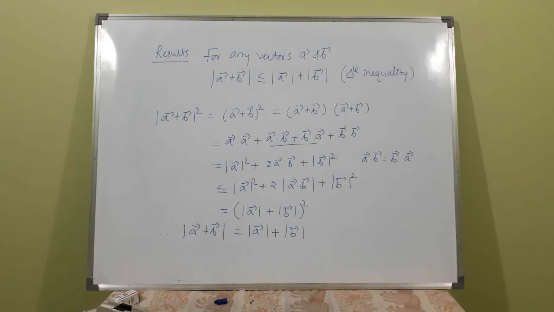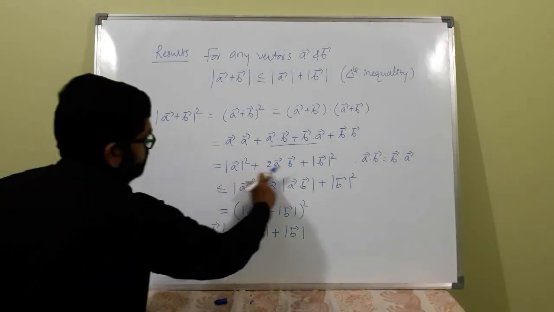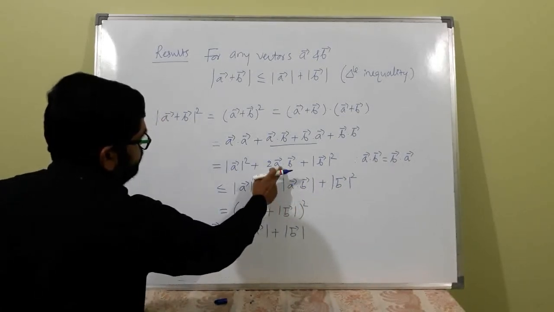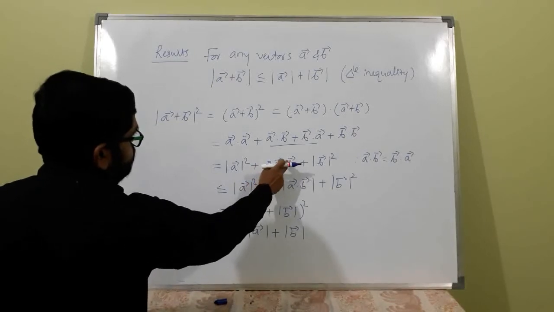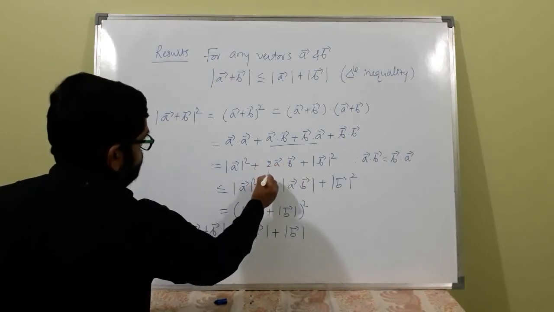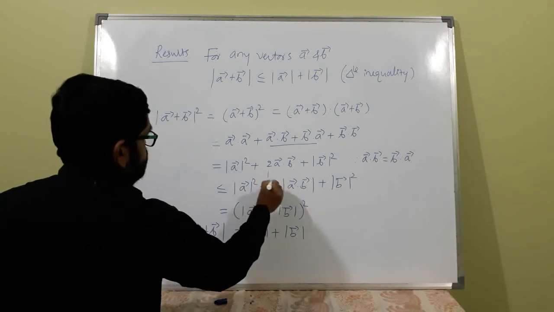So if you take the modulus, that will be less than or equal to this one. Whenever you take modulus throughout the inequality, this will be more than this without this factor. So if you compare these two, then this will be more.